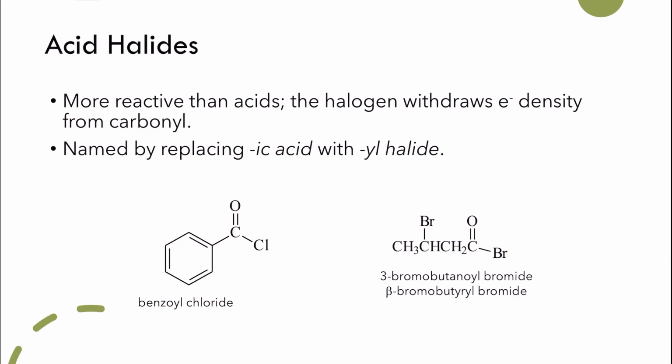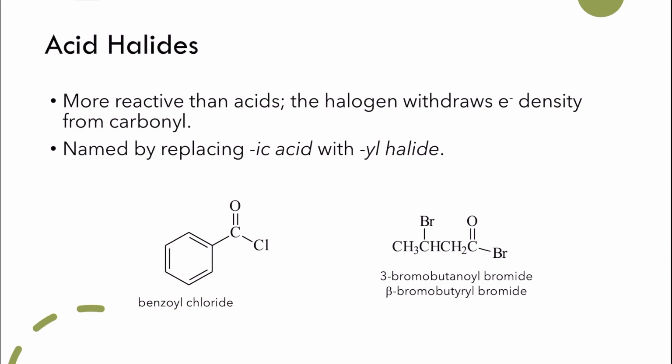Acid halides, as we said, we replace the OH of the carboxylic acid with a halide. The most common one we usually encounter in organic chemistry is the chloride. So the acid chlorides are the most common acid halides. There are acid bromides as well, but the most common one is the acid chloride. Acid chlorides are more reactive than the acids themselves.